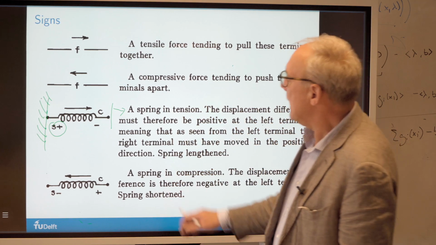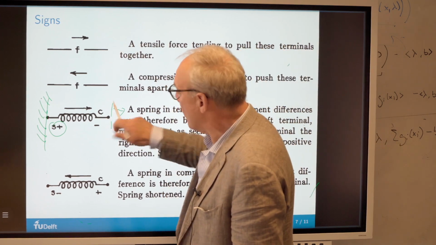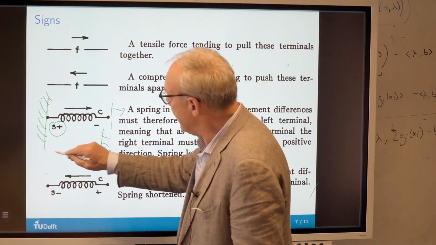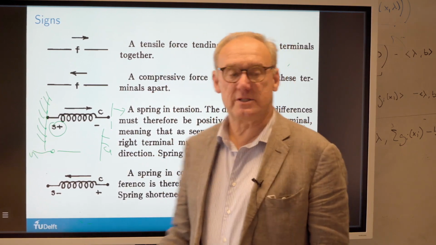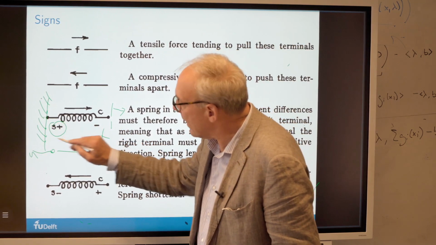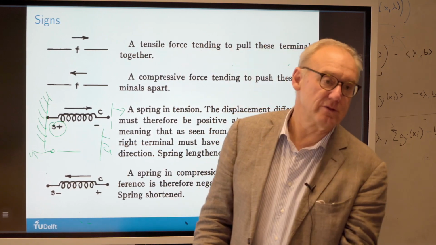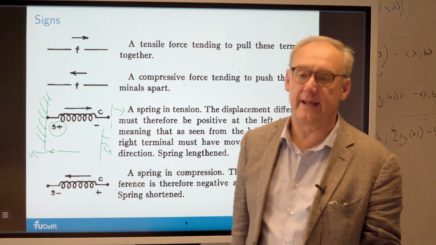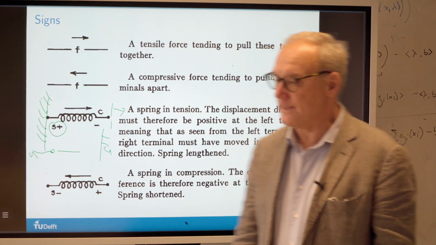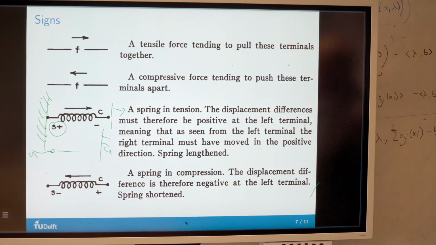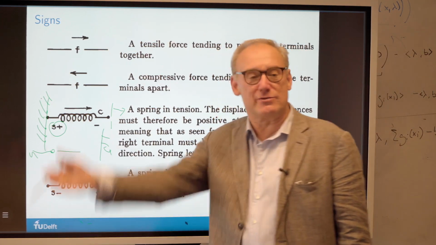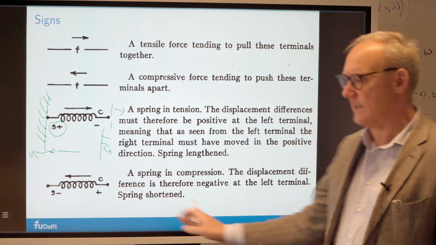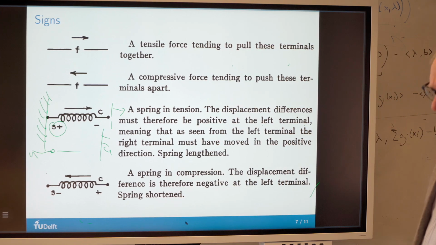So if you had anchored this one on the wall, then this will be a negative displacement. So you take every element, take the positive side, anchor that to the wall, and look at the motion of the negative terminal. You see? That's the trick. The mass is just kind of screwy because through empty space you get the reaction force. That's what I believe is happening. Is that right in your eyes? I see you nodding, right?